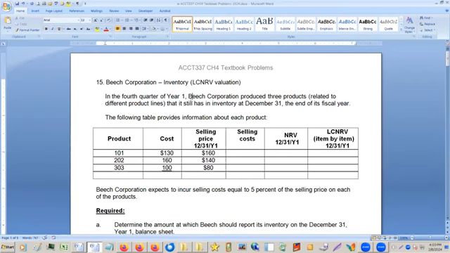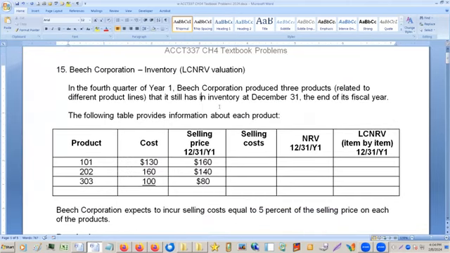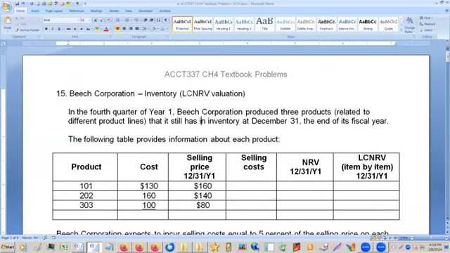So this is problem 15 in the textbook. I've altered them a little bit just to make them a little easier to use. But let me write out what this is. This is Beach Corporation inventory. This is lower of cost or market.